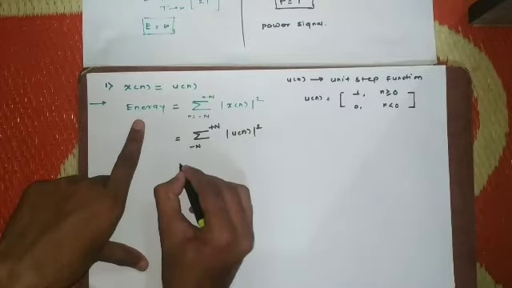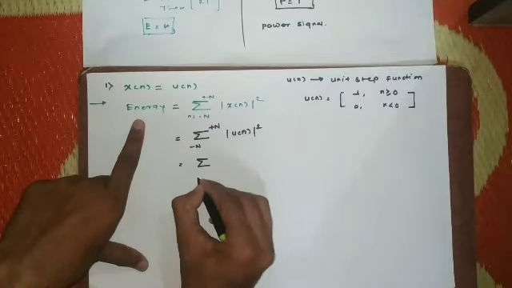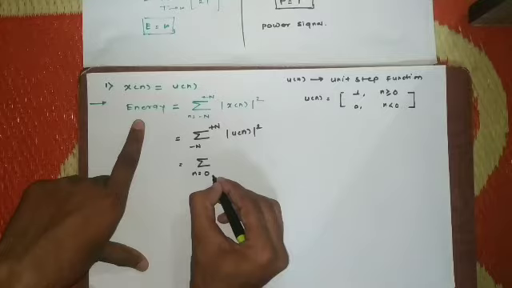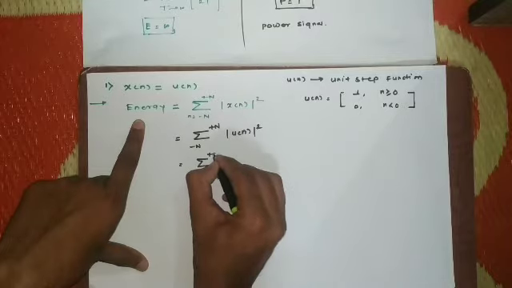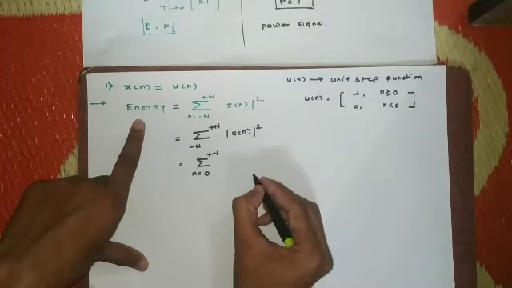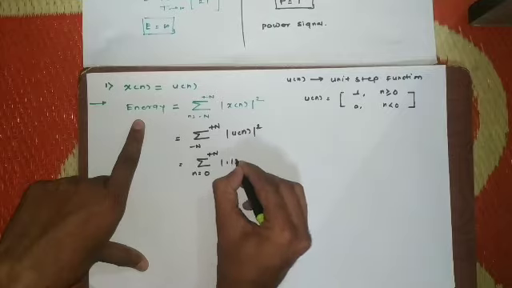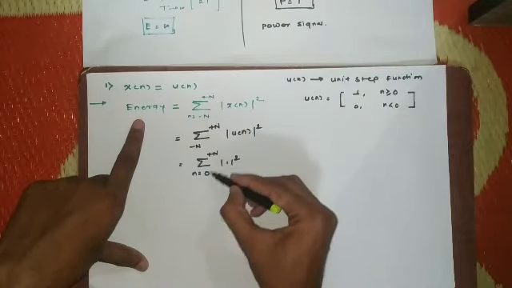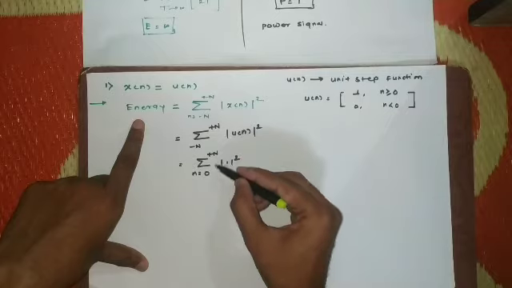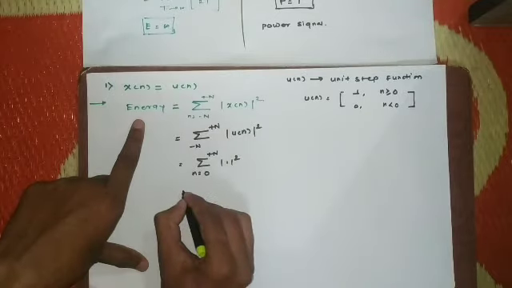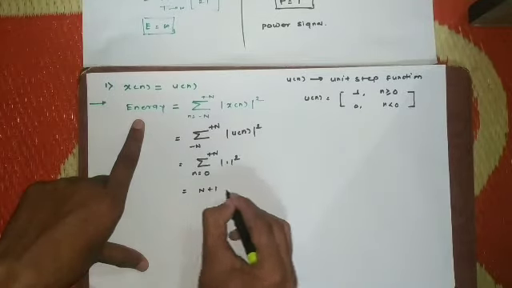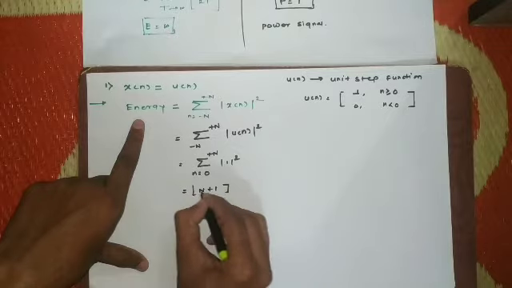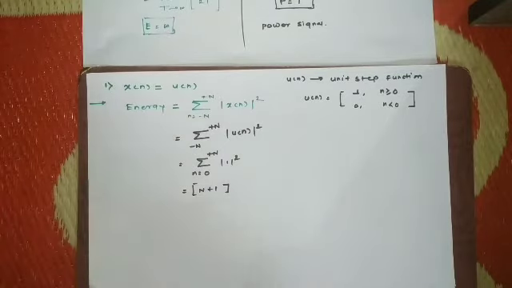So based on that I can replace this as n is equal to 0 to all positive values of n, with upper limit plus n. U of n will have an amplitude equal to 1 square. Now here comes the summation from 0 to n, and the result of the summation from 0 to n will be the upper limit plus 1, that is n plus 1.